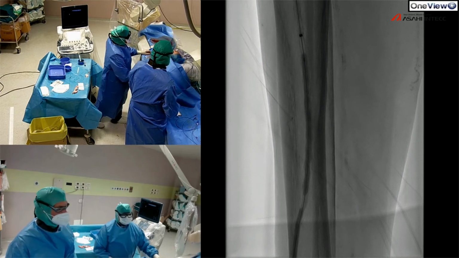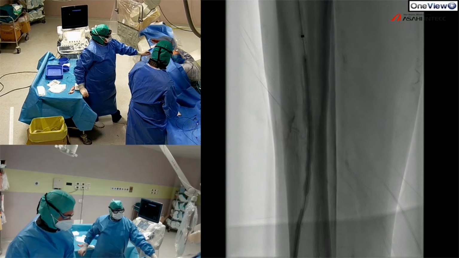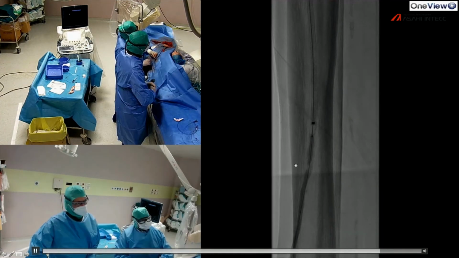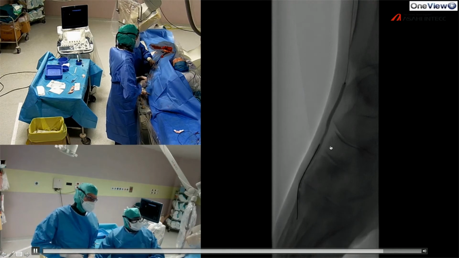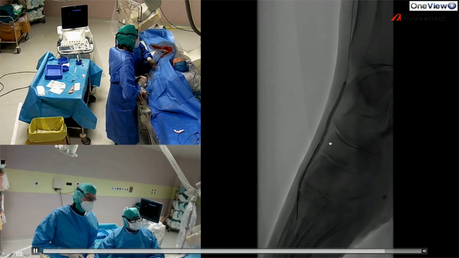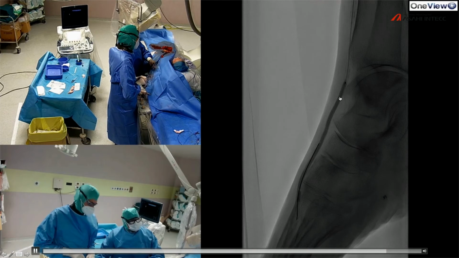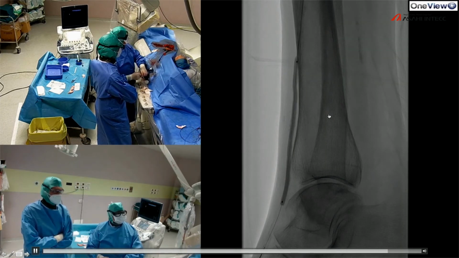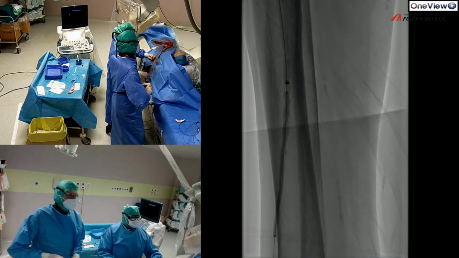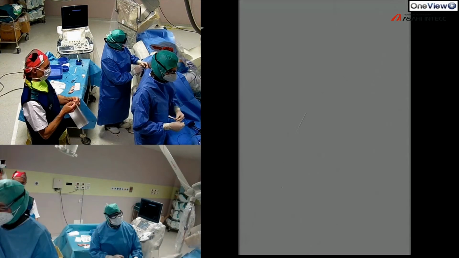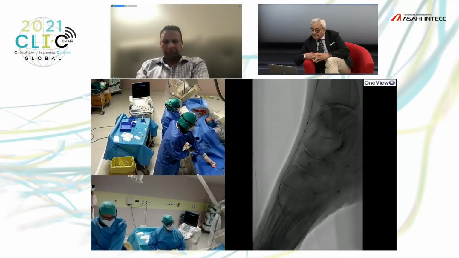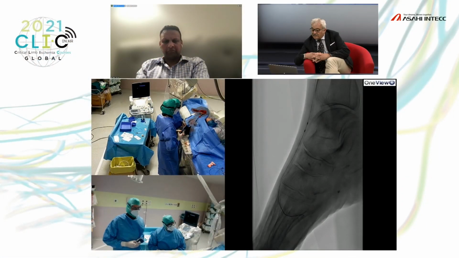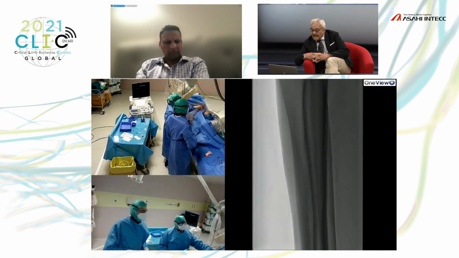After this dilatation, you can see here the resistance of this lesion. This was a high pressure non-compliant balloon, and finally we could arrive in the pedal artery, 2.5 high pressure, and this is the final result, not the final, but the acute result.